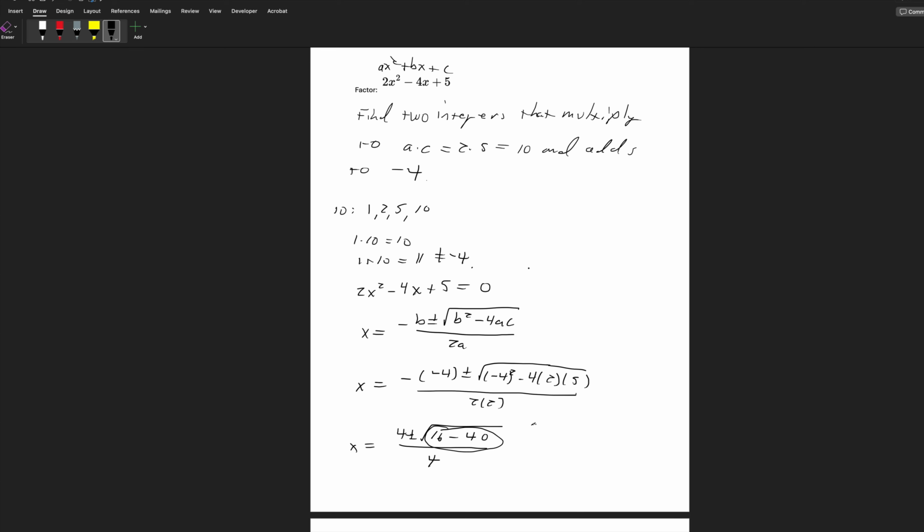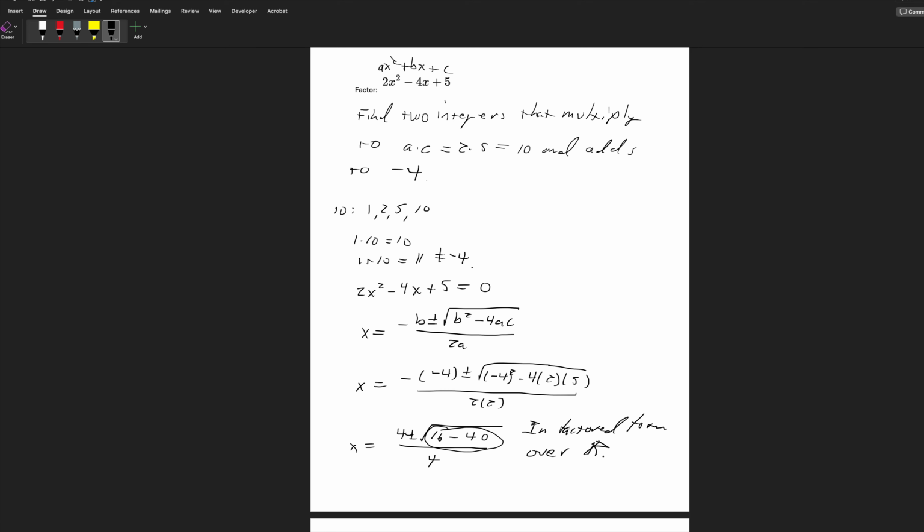So it is already in factored form over the real numbers. Over R, which is the real number system. Excuse my sloppy writing here.